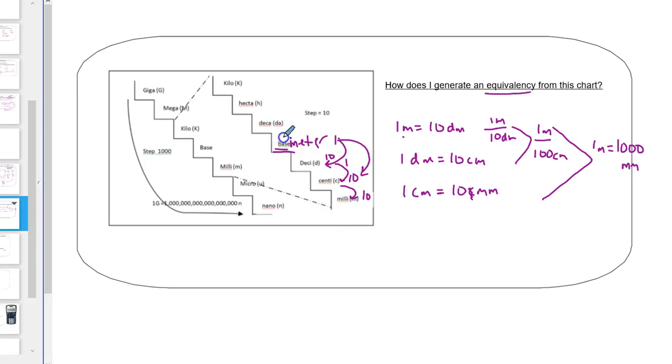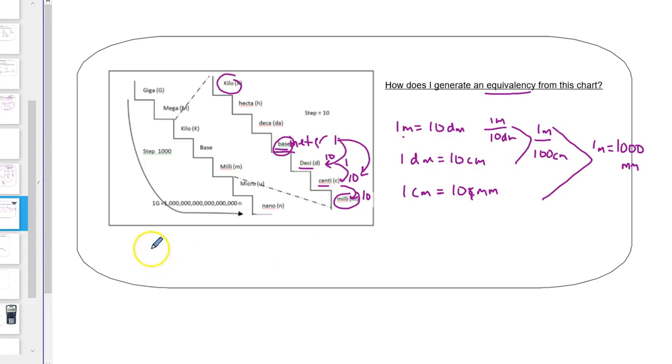We use the base unit very commonly, and we use the extreme units very commonly. Deci and centi are very rare. A decibel, for example, is used in sound intensity, but I can't really mention any other places where we use a lot of these units. Centimeter is also kind of common.